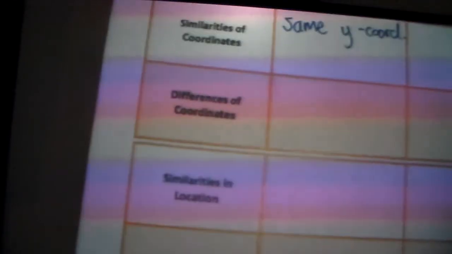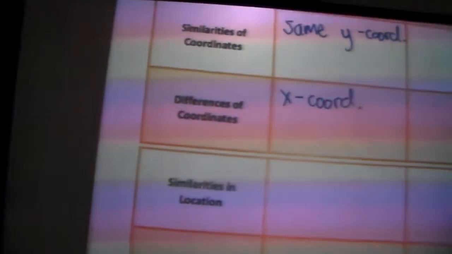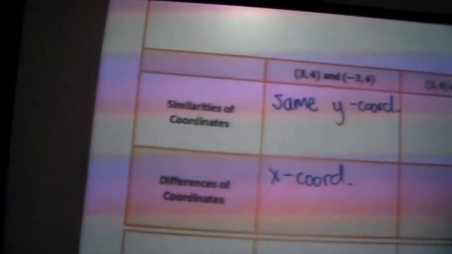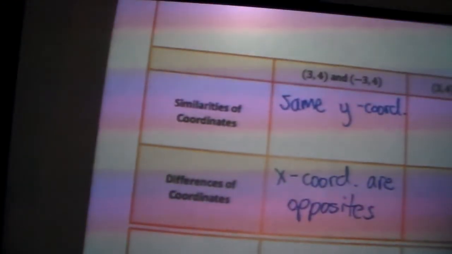And of course, how are they different? Well, their x coordinates, which are 3 and negative 3. What do we call numbers like 3 and negative 3? We call those opposites. So we say the x coordinates are opposites. And so let's look at now their location.